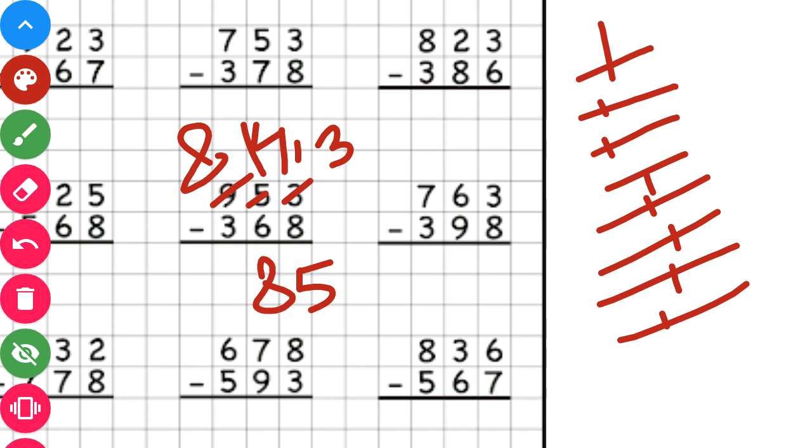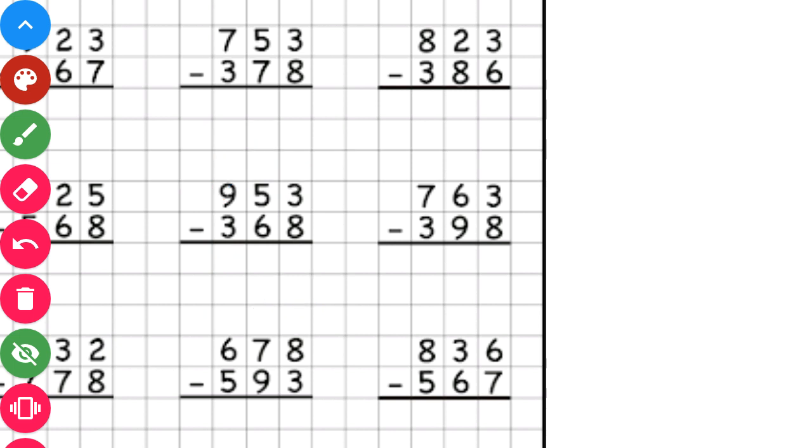We have got 8. Now we have 8 at our hundreds place. So subtracting 3 from that we will get 5. Okay?